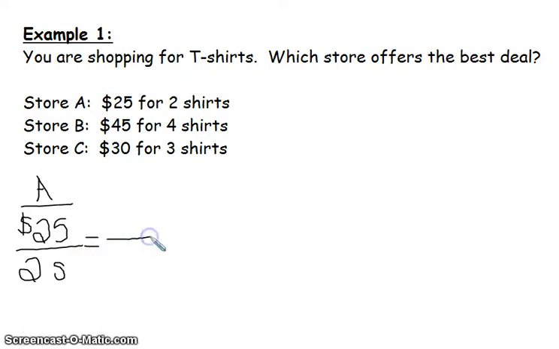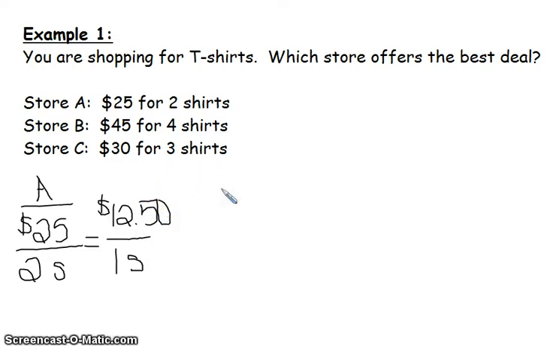Think back to really elementary school and simplifying fractions. We need to simplify 25 over 2, the same thing as dividing 25 by 2. We're going to divide our numerator by 2 and our denominator by 2. That's why we wind up with 1 as our denominator. So 25 divided by 2 gives me $12.50. So at store A, if I want to buy just 1 shirt, it's going to cost me $12.50.